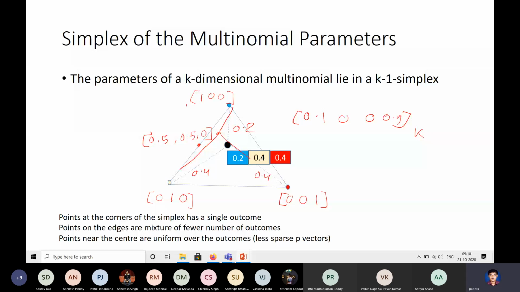And if the vector is something like this, that only some of the values have non-zero probabilities and most of them have 0 probabilities. That is, only blue comes up or yellow comes up, other colors never come up.